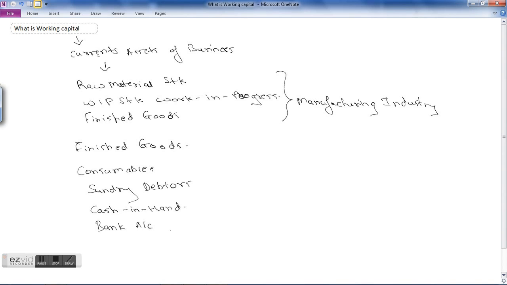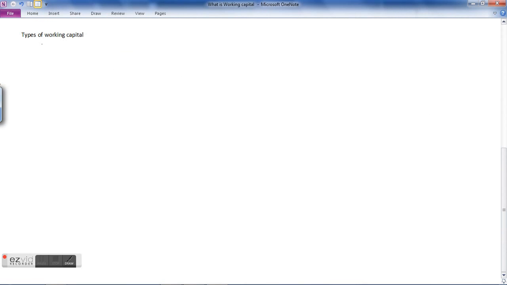So it's very important to understand the concept of working capital and how to manage it. We always have to keep a certain amount of fund to finance our current assets requirement. Now let's see what are the types of working capital.